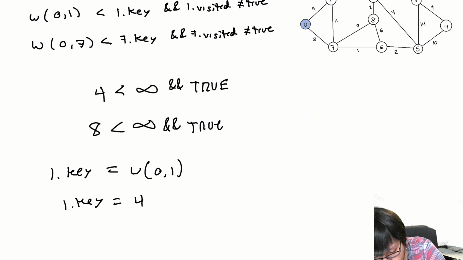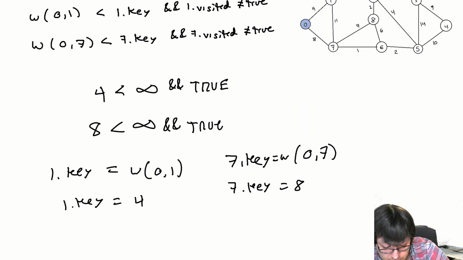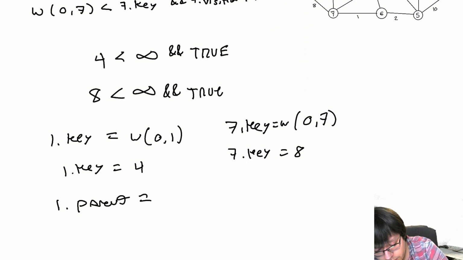The same thing for 7: 7.key is equal to the weight from 0 to 7, which means 7.key is equal to 8. For both of these, the parent, so 1.parent, is going to be equal to U, which in this case is 0 for both.